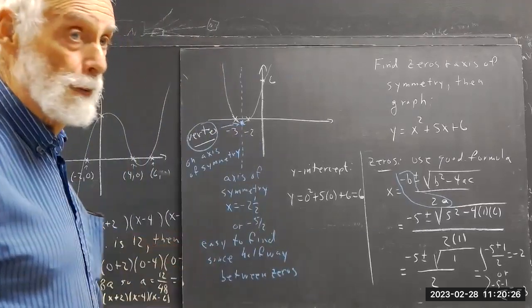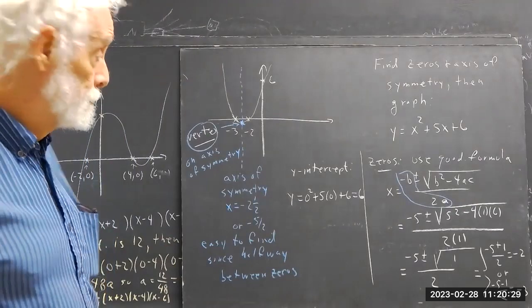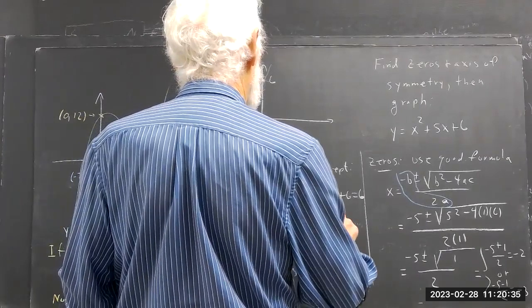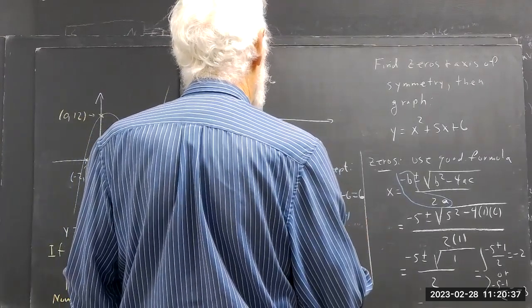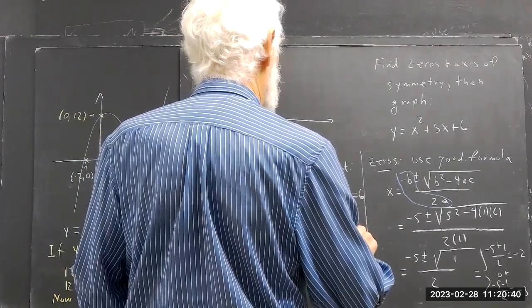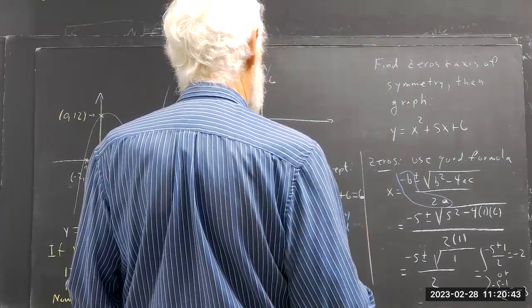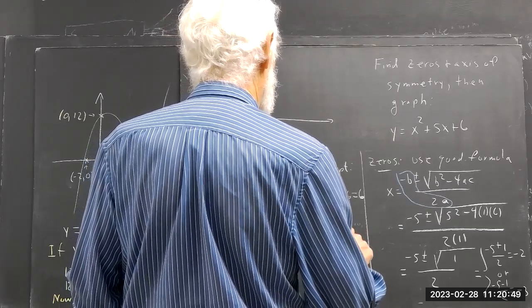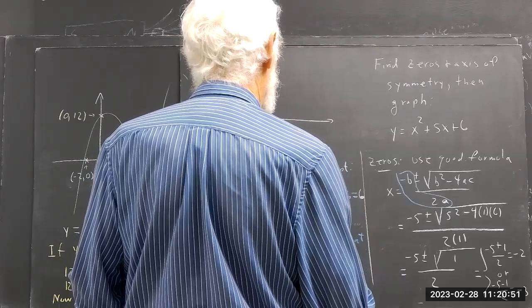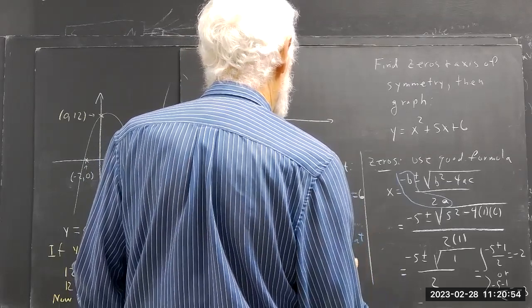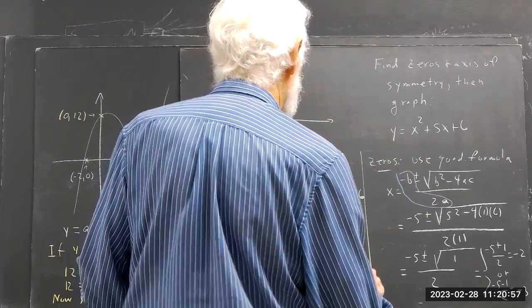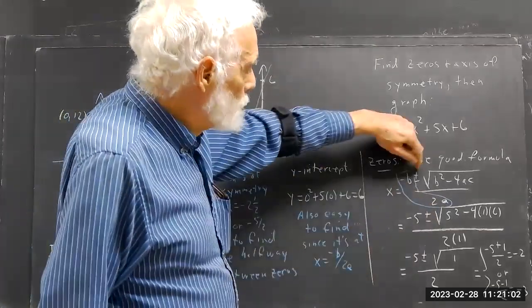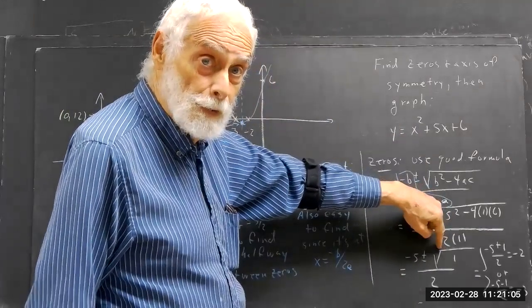It's easy to find because it's halfway between the zeros. Also easy to find: just -b/2a. You have a plus or minus here, plus or minus 1, -5 plus or minus 1.